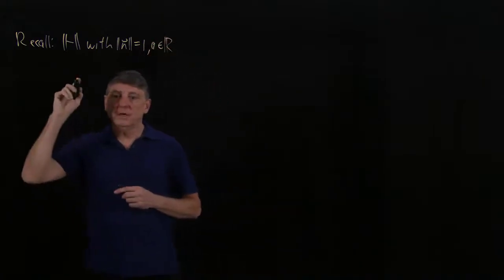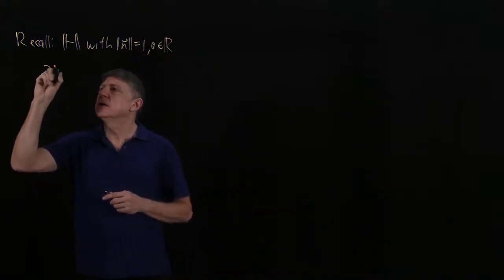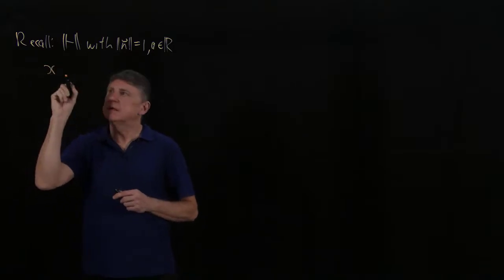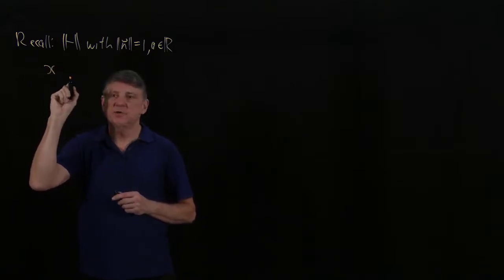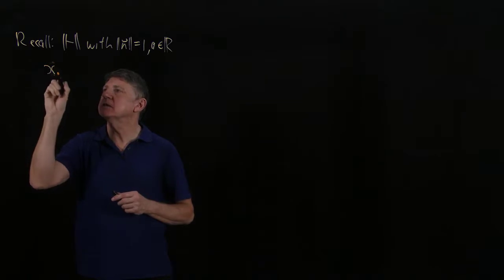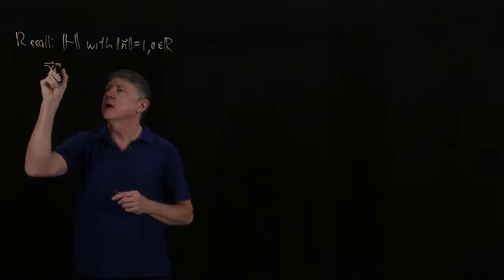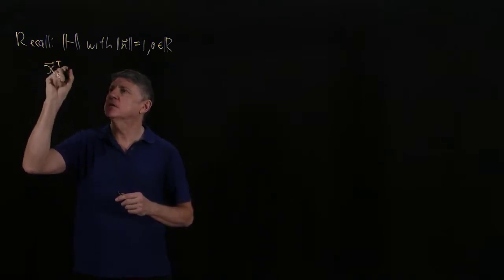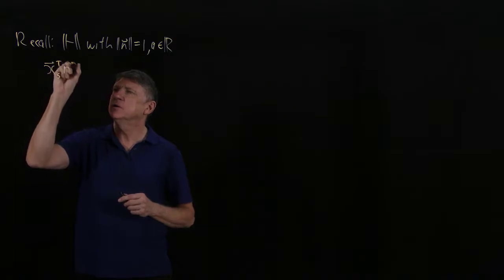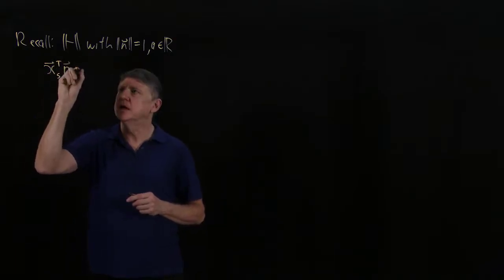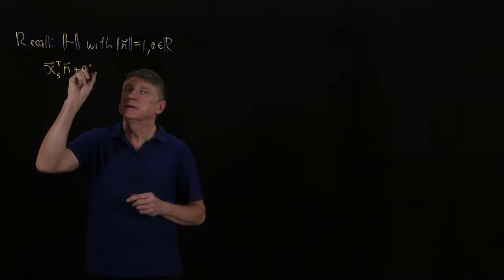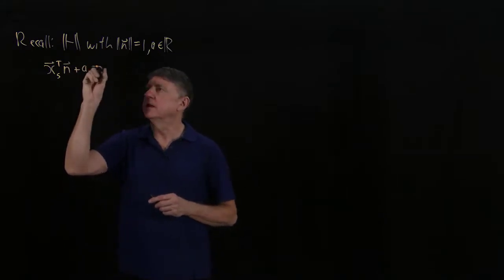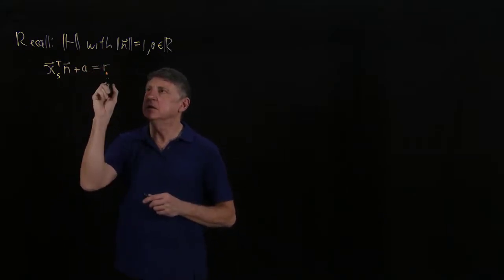And what we said was that the definition of the margin was: if x is a support vector and we take the inner product of that with the unit normal to the hyperplane and add the bias scalar, that is the margin.